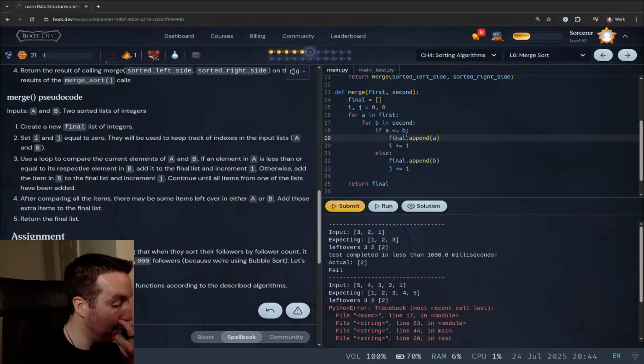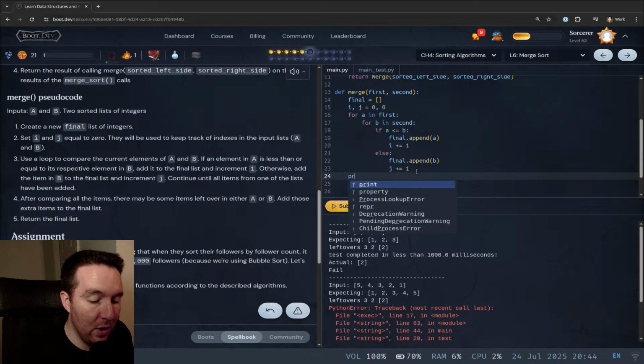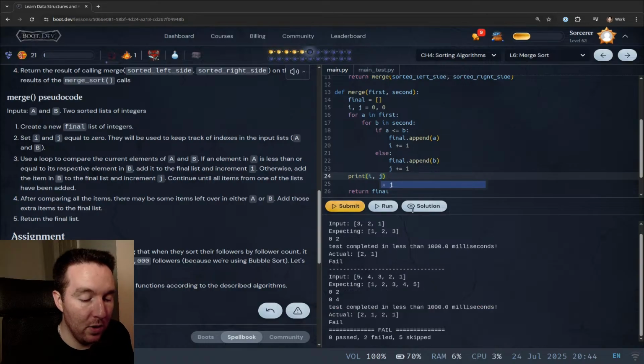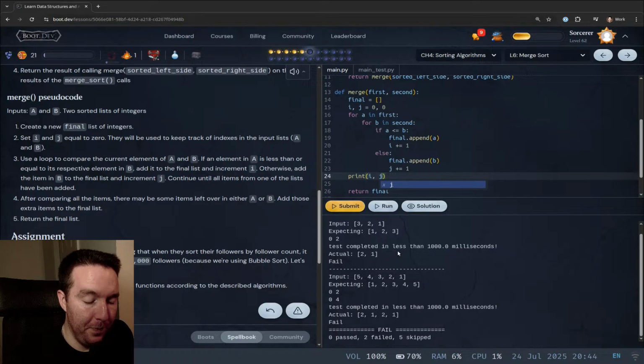Otherwise, add the element in B to the final list and increment j. After comparing all the items, there may be some items left over in A or B. Add those extra items to the final list. So I guess let's just print and see i and j by the end of it. Final, see what it is. 2 and 1.